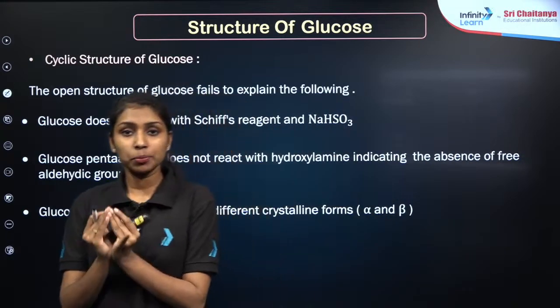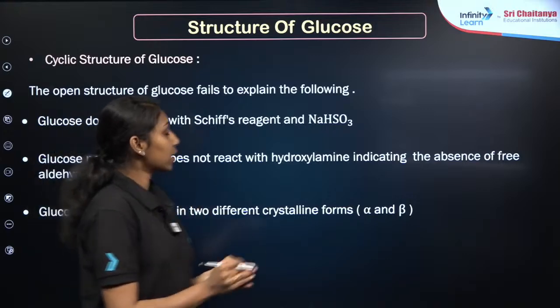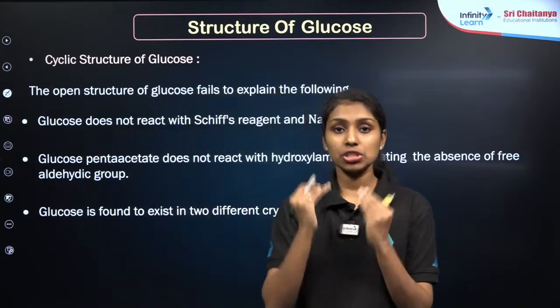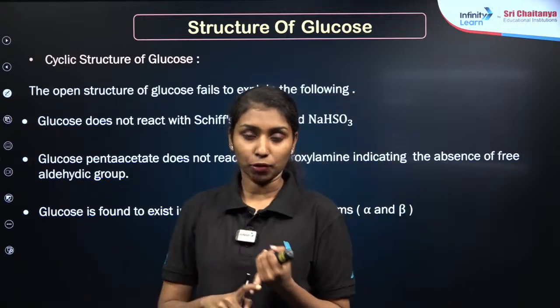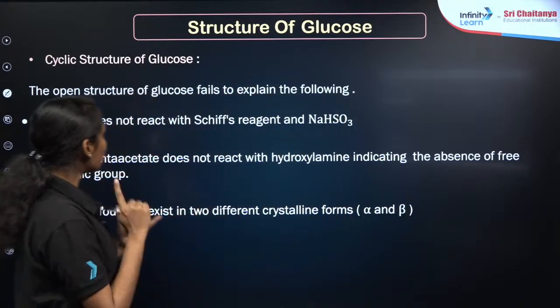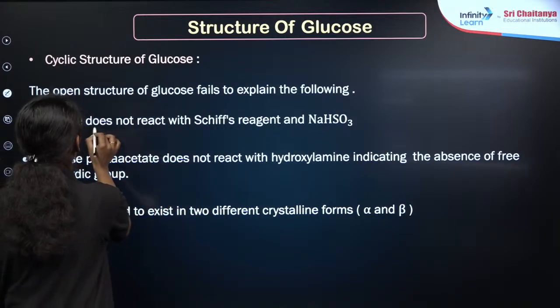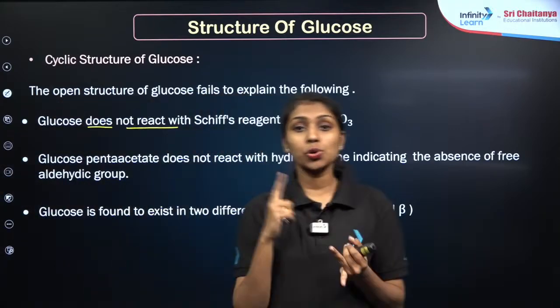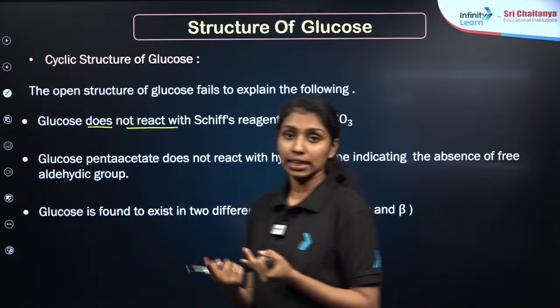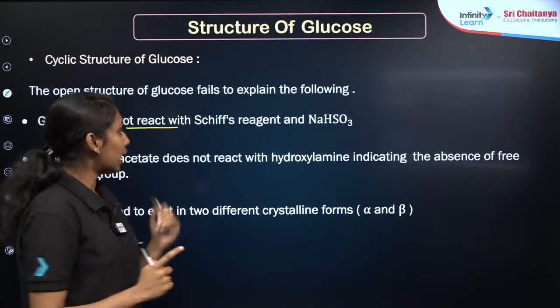We have already given the open chain structure of glucose. We already showed that in the glucose molecule there will be an aldehyde group. So it should give all the positive tests with the reagents. For example, if you are taking Schiff's reagent or sodium bisulfite reagent, it should give a positive result, because they contain an aldehyde group.